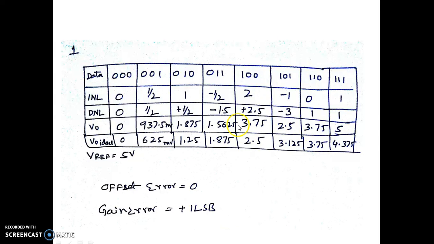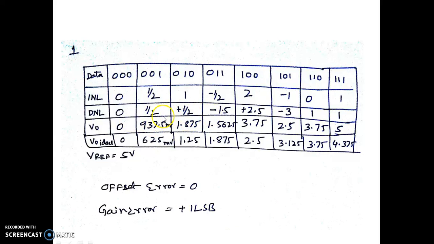That is the actual output voltage you are expected to get if there is no DNL. Since the actual output voltage is 3.75, it is above by 2.5 LSB. So this way we can find out how much the DNL is for these given bits.